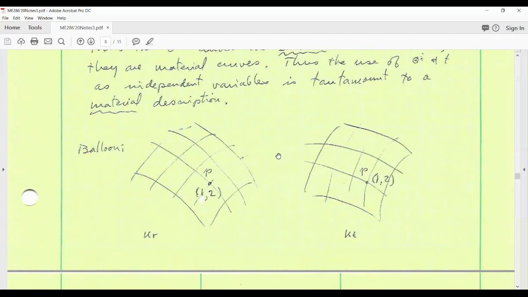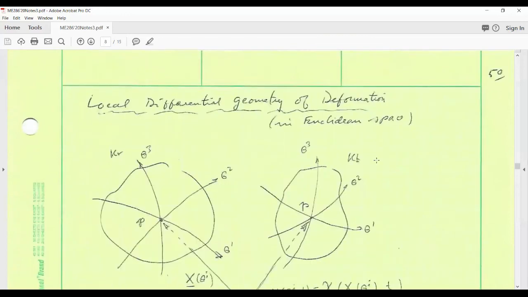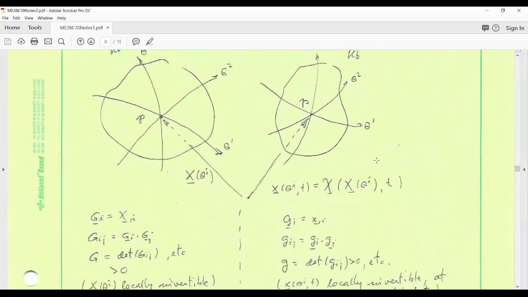Over here, this material point will have a different label, but that same label will remain with the material point in every configuration of the body. Is that hopefully more or less clear? So in that way, knowing the value of the coordinates tells you which material point you're talking about, and that the identity of that material point never changes. It always has the same name, theta 1, theta 2, theta 3.